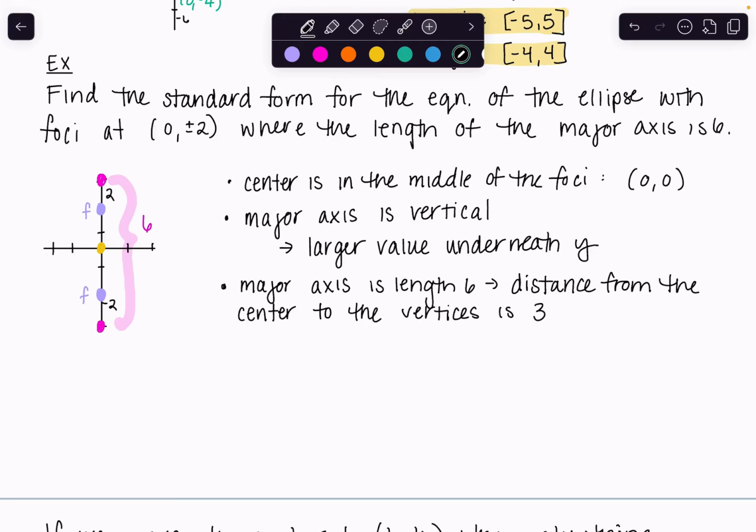So immediately you could also pick off what the vertices are if you needed them. They would be at 0, 3 and at 0, -3. Okay. So this also tells me what value has to be underneath y. That will be exactly 3.